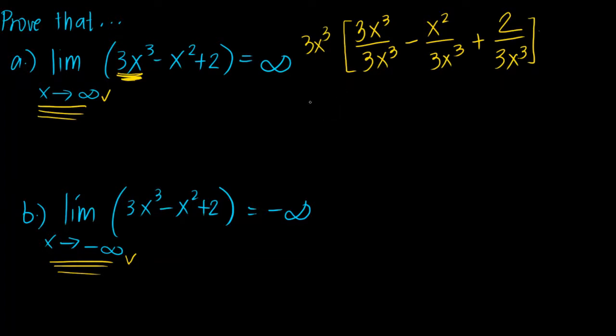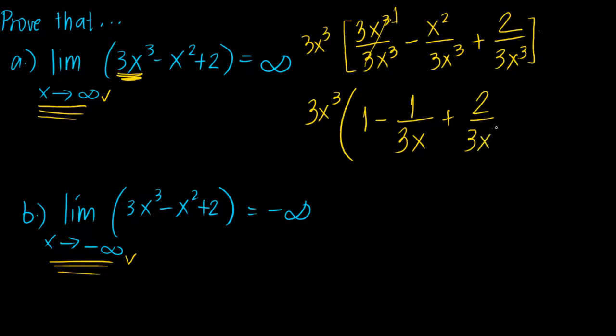Okay, so with that, ang aton nga problem magini siya. The 3x cubed is now, this guy is 1 minus x squared over 3x cubed, that is 1 over 3x, yeah? And then we have plus 2 over 3x cubed. Hindi naman siya masimplify sa babaw.